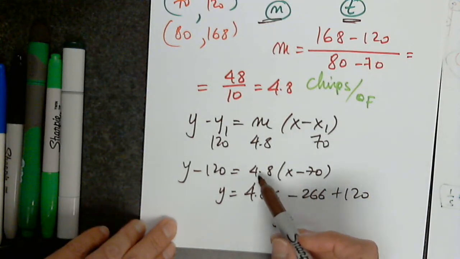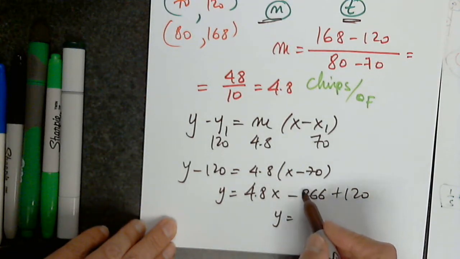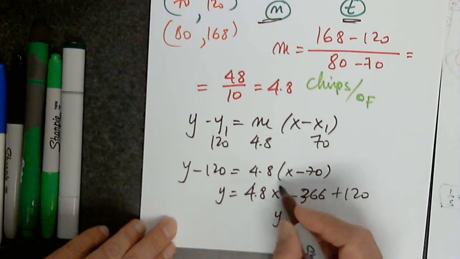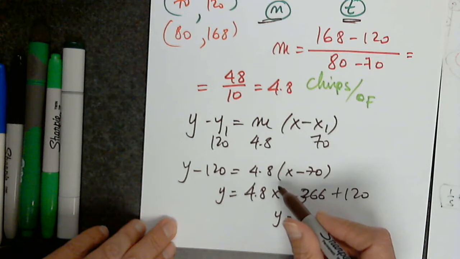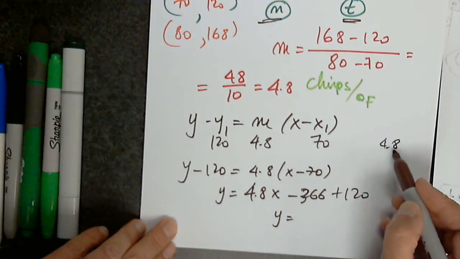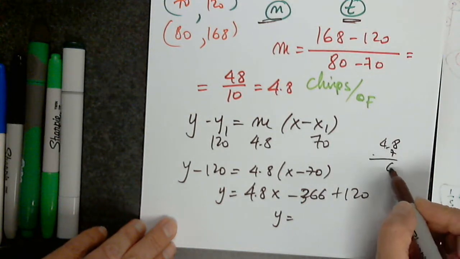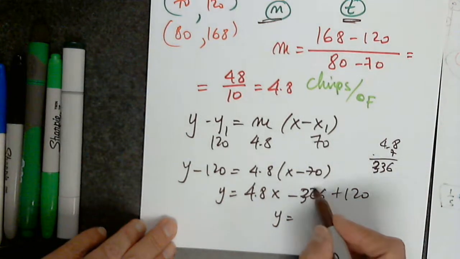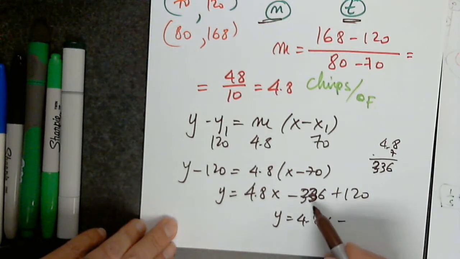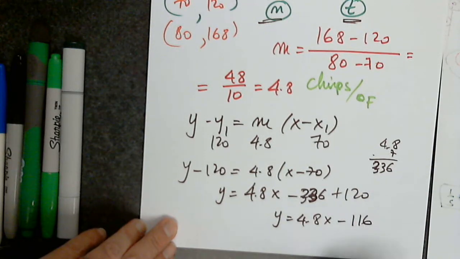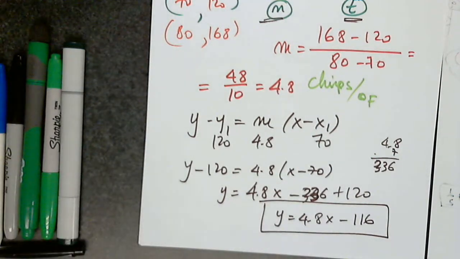Oh, what did I do here? 28... 3, oh, 320. I'm multiplying 4.8 times 7 actually. 336, thank you, yes. Okay, so then I have 4.8x minus, and this is 116. Correct? Am I correct? So we determined in part A the linear equation.